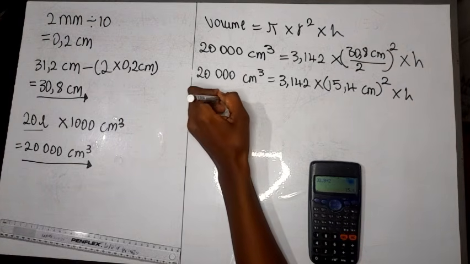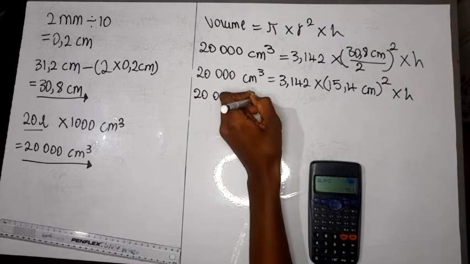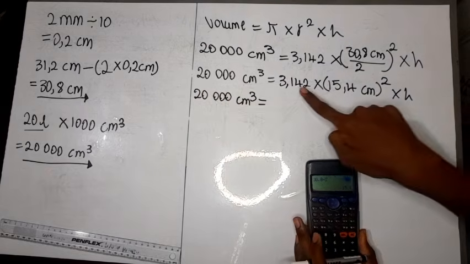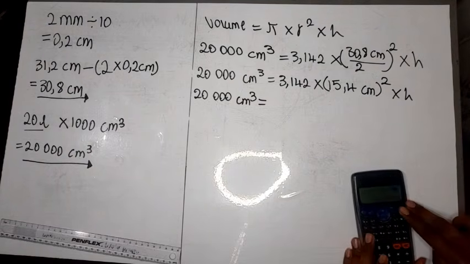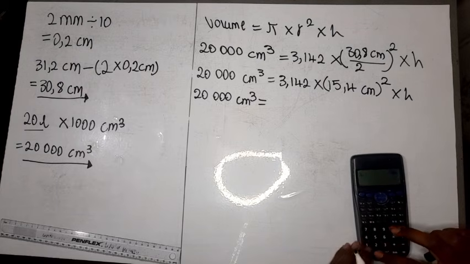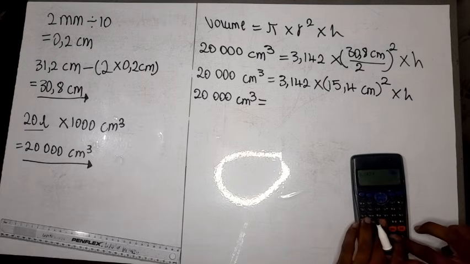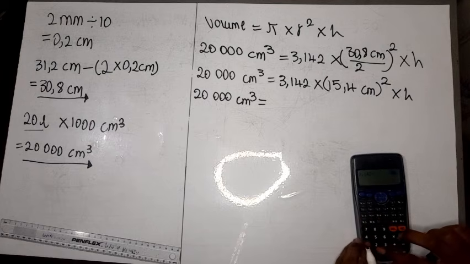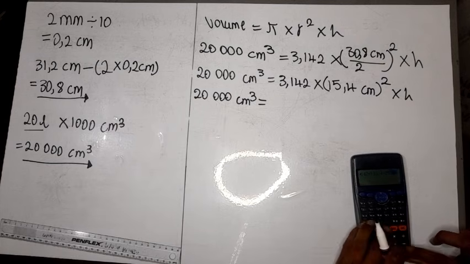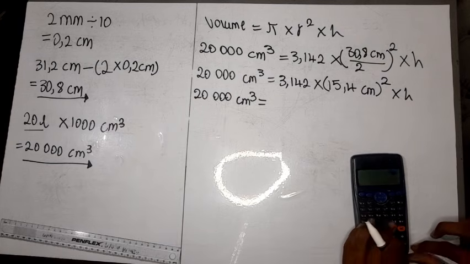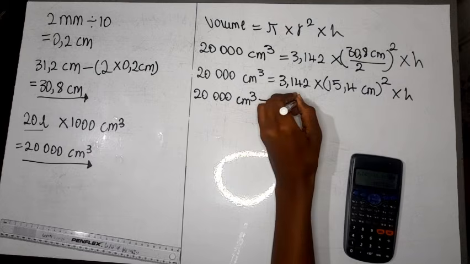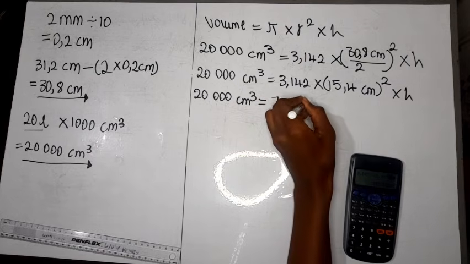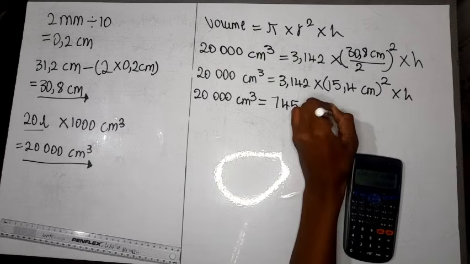Okay, and then we are still going to write this one down. 20,000 cubic centimeters equals to, and then you can just press the whole thing on your calculator. You can just say 3.142 multiplied by 15.4 squared, and that gives us a total of 745.15672.